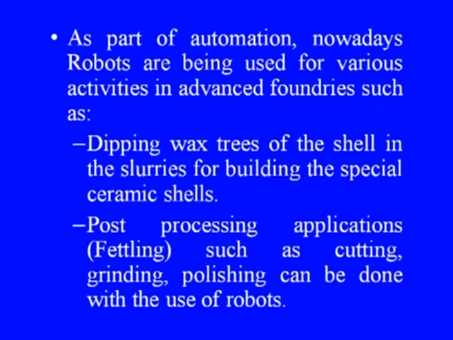Then another important thing is post processing applications, which is also called fettling, such as cutting, grinding, polishing. All this can be done with the use of robots, because once the pattern is fixed, once the part to be cast is fixed, then the defects that will be produced will also be fixed for a particular pattern, or we can say if it is a batch 1, then for that batch.